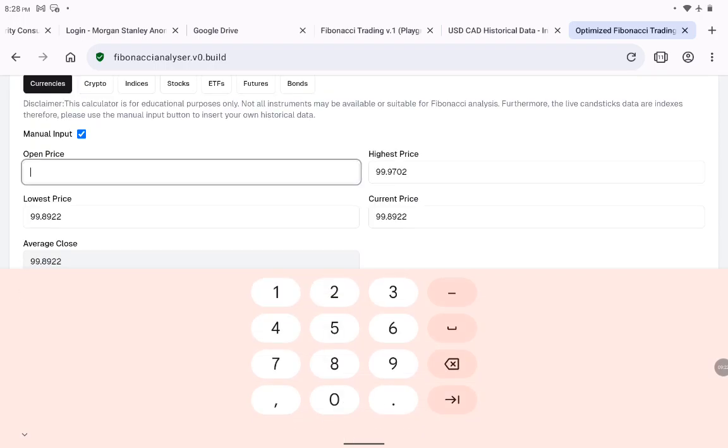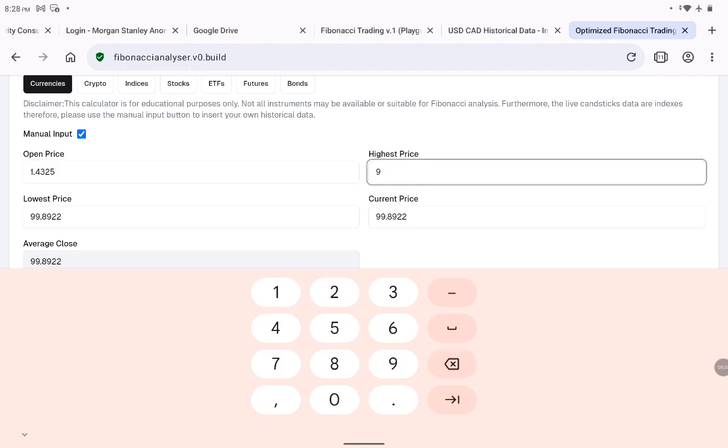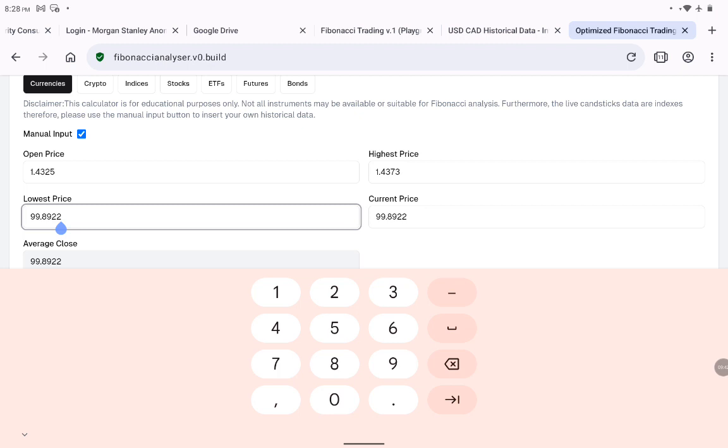So open price is 1.4325. And highest price is 1.4373, and lowest price 1.4314.